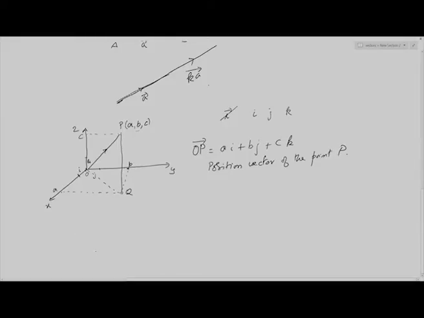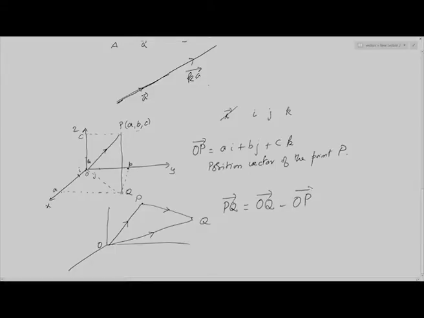With that understanding, if I have any two points P and Q in the coordinate system, then I know the position vector of P and the position vector of Q. What we are interested in is the vector joining P and Q. This is O, this is the position vector of the point P and this is the position vector of the point Q. Therefore, the vector we want to represent, PQ, is equal to simply OQ minus OP.